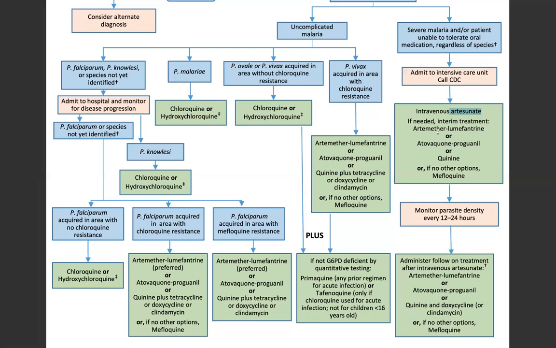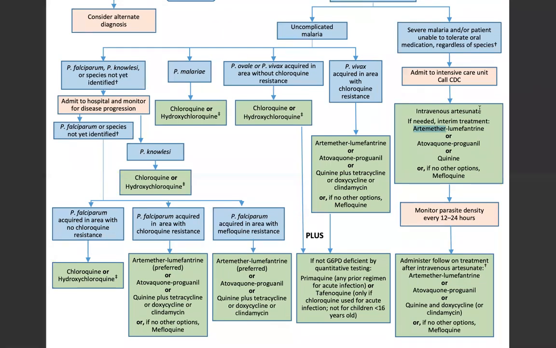If needed, interim treatment: artemether. The second derivative of the artemisinin is artemether. There are three main derivatives of artemisinin: artesunate, artemether, and hydroxyartemisinin.